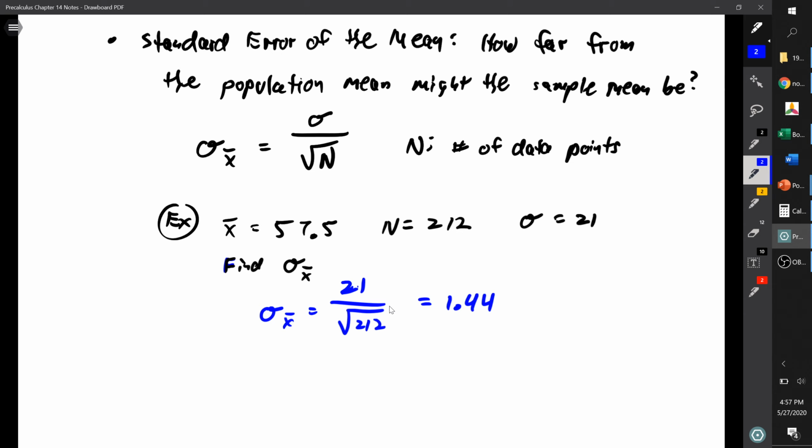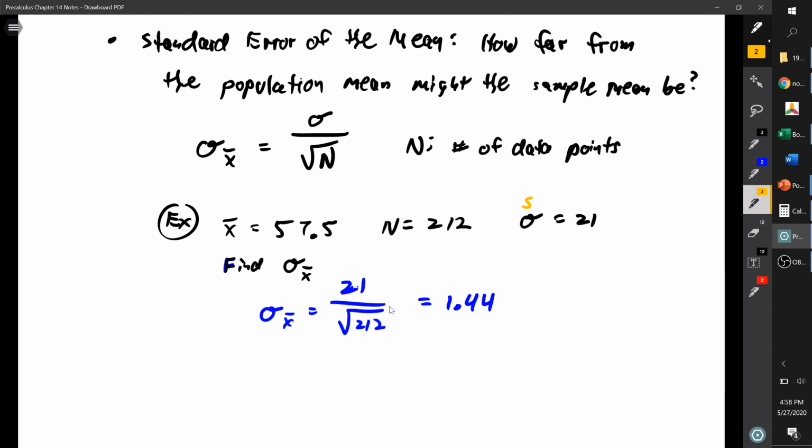Technically, it should be S, not sigma, because this is the sample standard deviation. Anyway, standard deviation of 21. So, in other words, the average scores were 21 points below or above 57.5. That's the average distance from the average. And then what you get is, for our average being 57.5, we're very, very confident that the actual average, if we had polled all of the college freshmen who took organic chemistry, would only be 1.44 above or below what we calculated.